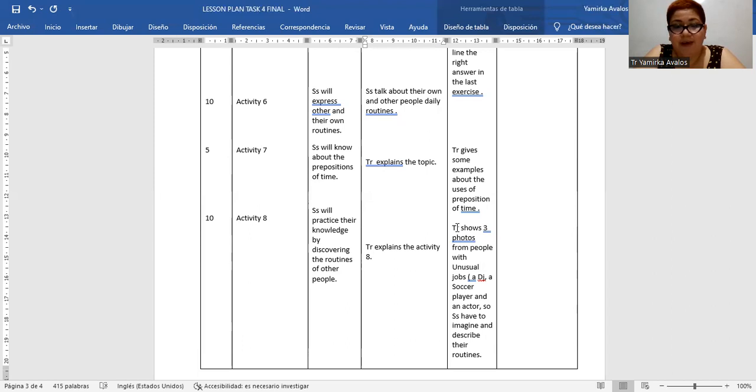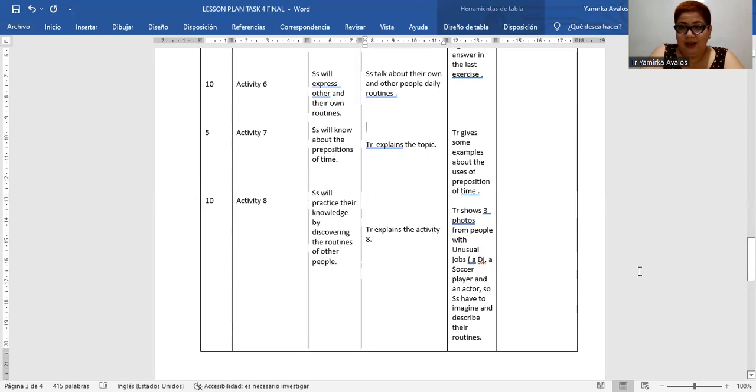Then the students have to imagine and describe these people's routines. It is also a controversial topic, because they are discussing the possible activities and imagining and creating maybe a schedule for these people's lives. And that would be all.